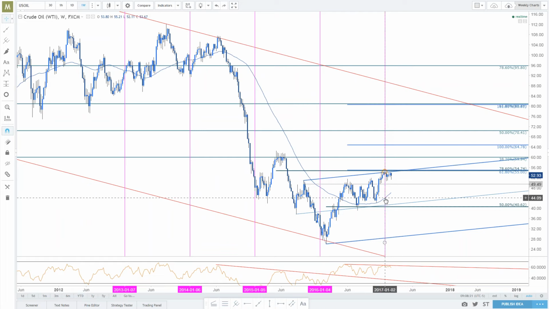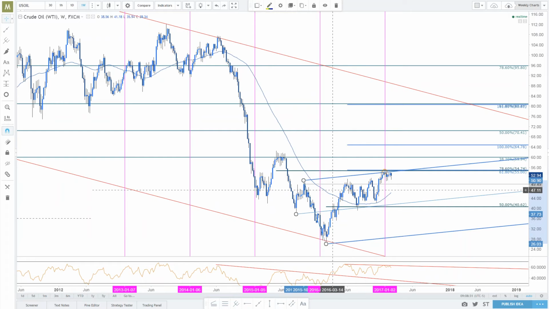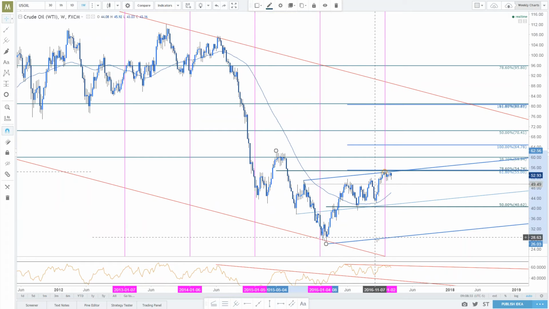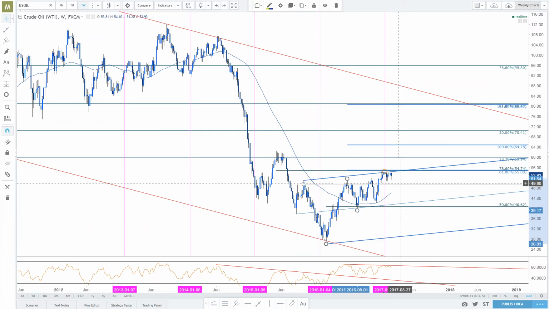This was the exact high we made, Lionel, on the first week of trade this year, the exact tag of that 55 region as resistance. Upper median line parallel, 786 retracement off the highs from 2015, and a 618 extension from the ascent off the 2016 lows.